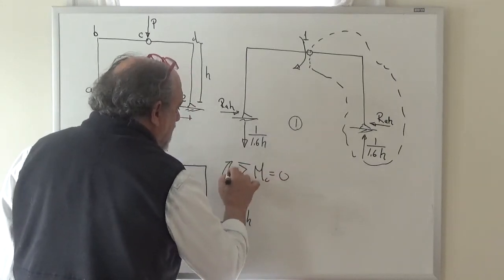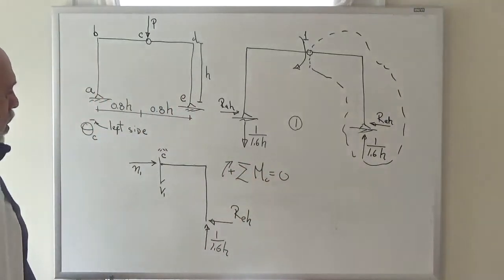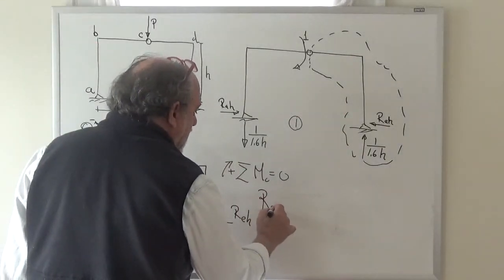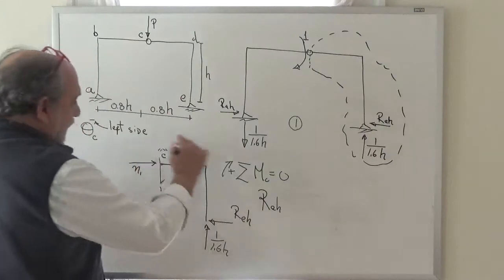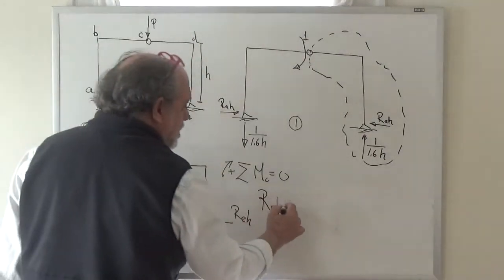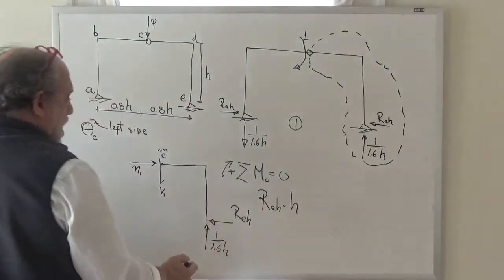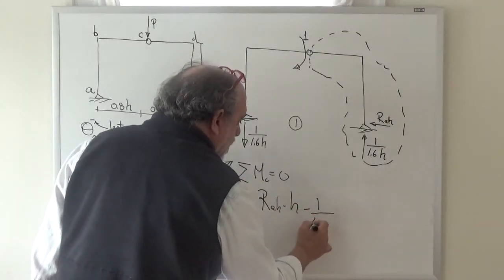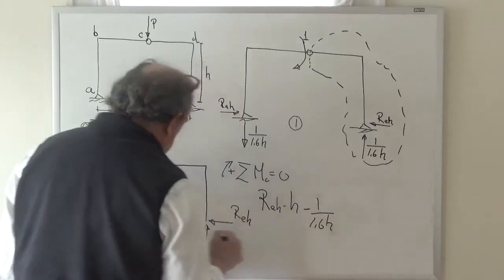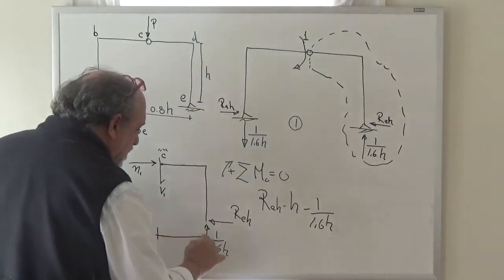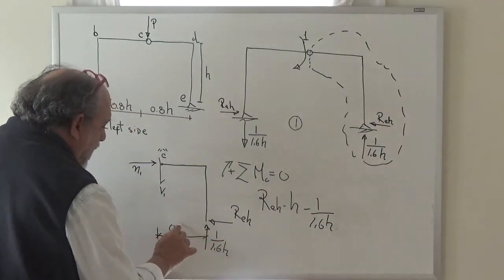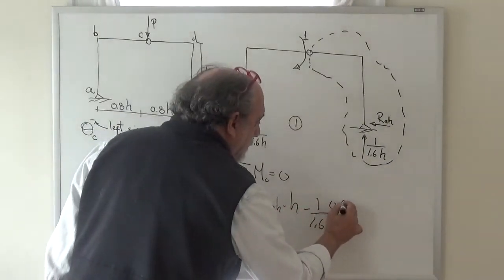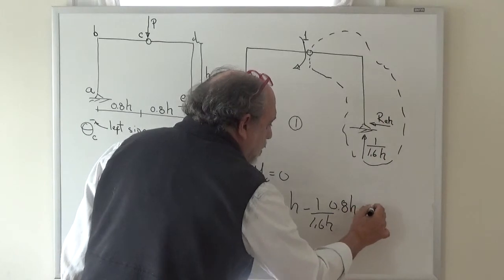Taken clockwise to be positive, we have plus R E H times H minus 1 over 1.6 H times the distance from here to here, which is 0.8 H, is equal to 0.